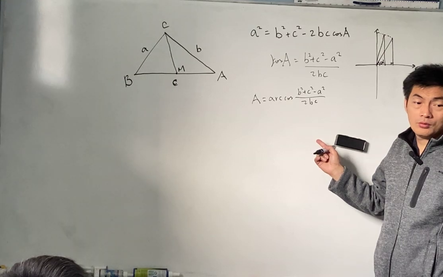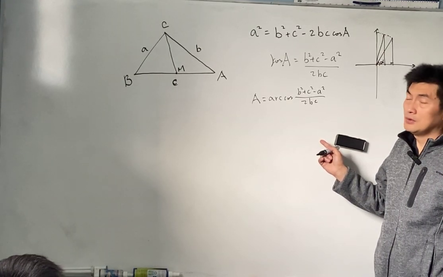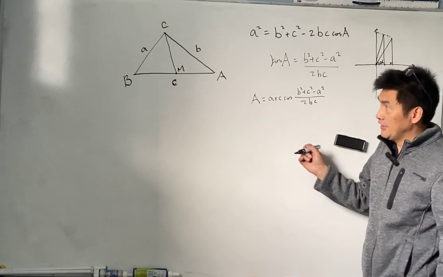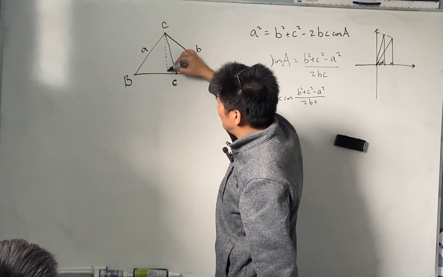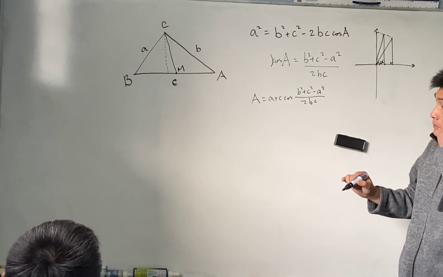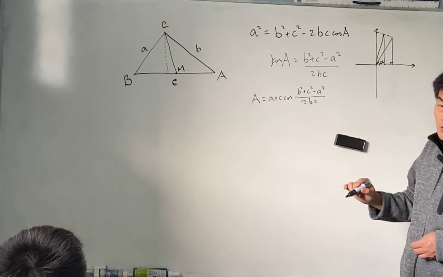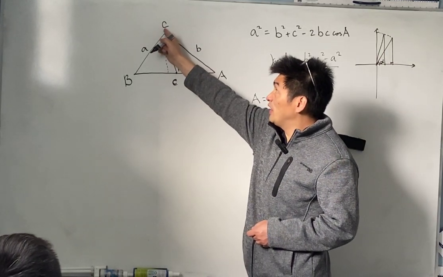Once you find the angle, you can find the height. If you know the angle, you'll know the height, and then you'll know how it splits BC. So then you'll know every angle. If you want M, I want to know the length of CM.